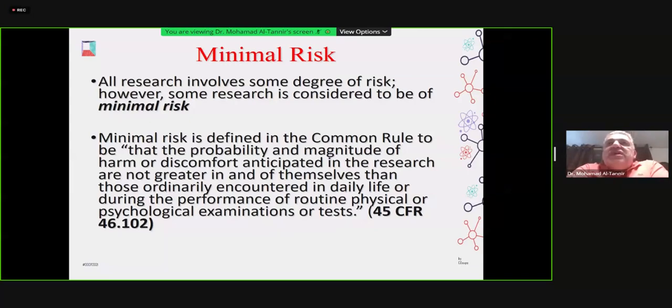But if the study requested additional tests that will expose the patient to unneeded risk, this study is considered at higher risk than minimal risk and will require full board review by the IRB to assess and appraise the risks versus the benefit and give their final decision about approving or rejecting the proposal.